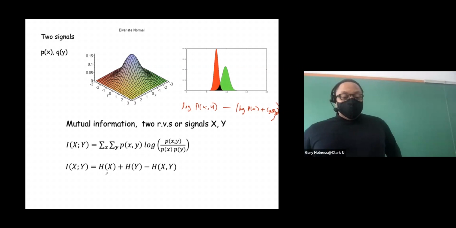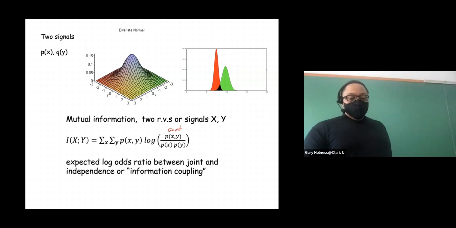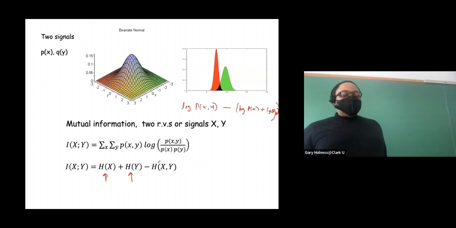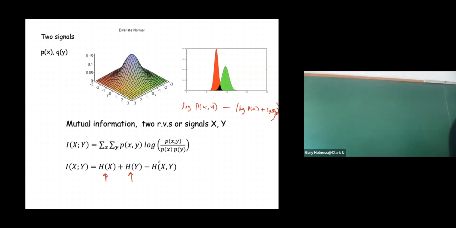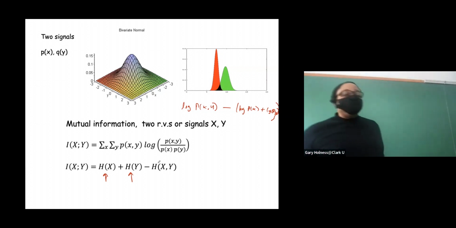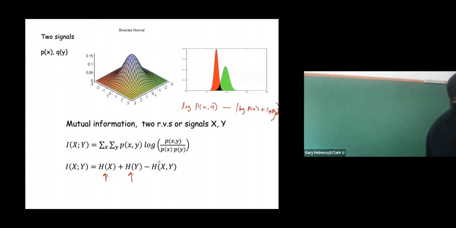We have the entropy of individual variable x. We have the entropy of individual variable y. And we subtract from that the joint entropy, which we had 2 slides ago, which is the disorder due to the coupling of these variables, assuming that they are non-independent. And so essentially what's left is the disorder as represented by the average bit width due to the coupling of these variables. Does that make sense?